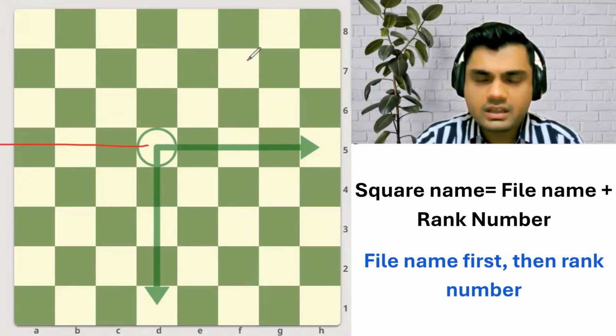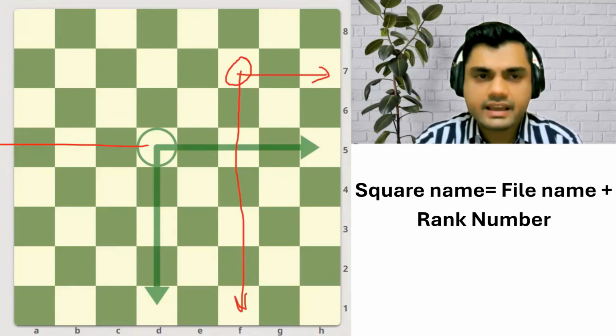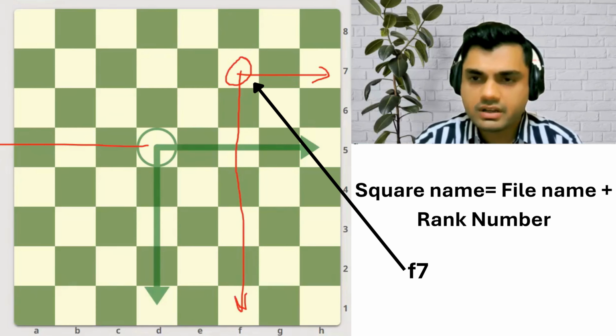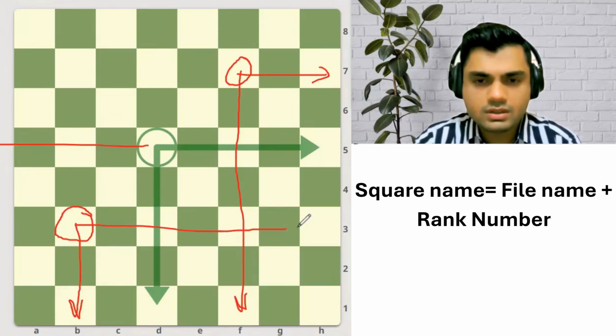Now similarly, if I want to know the name of this square, I will just look down. It is file F and it's rank 7. So the name of this square will be F7. Understood? Let's have one more example. Let's say this square. Go down, look at the file name, go to the right, look at the rank number and combine them.